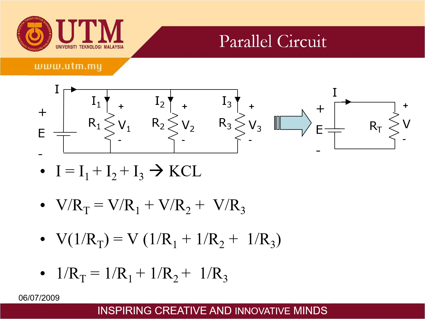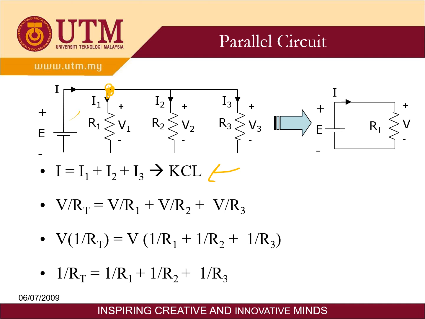First, I show you the derivation. In series, you use Kirchhoff's voltage law, but in a parallel circuit, you use Kirchhoff's current law. So I equals I1 plus I2 plus I3. This is just Kirchhoff's current law at this node. Then you know that in parallel the voltage is the same.